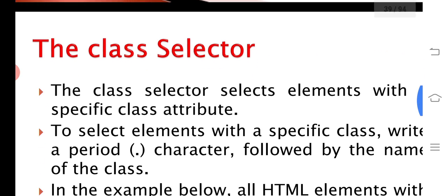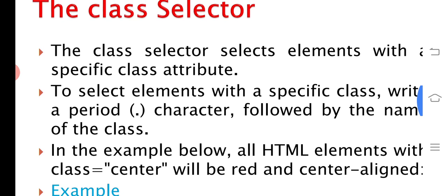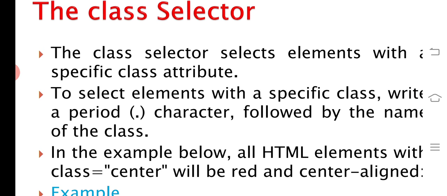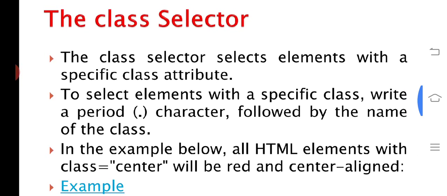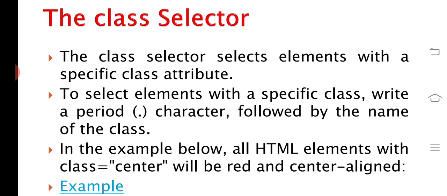Then the class selector. It selects elements with a specific class attribute. To select elements with a specific class, write a period character followed by the name of the class.